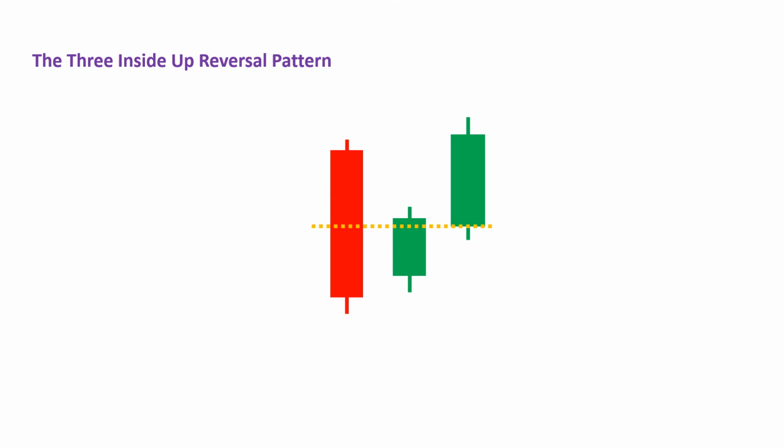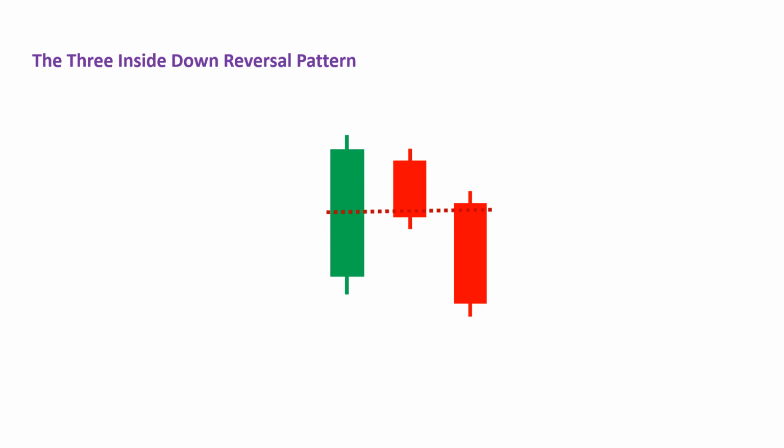The third candle is also a bullish candle and should close above the close price of the first candle. Ideally, close above the high of the second candle. This is the 3 inside up reversal pattern.